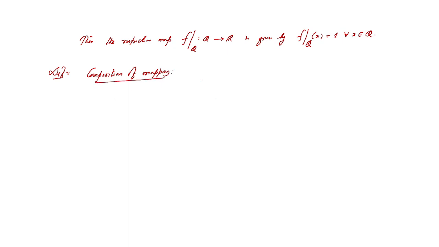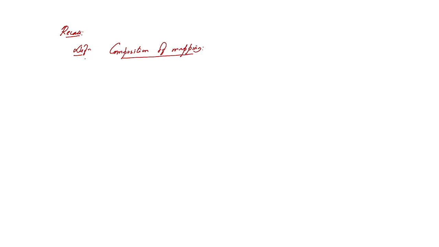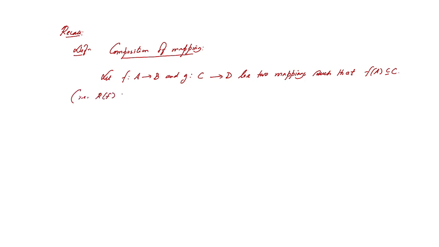The definition is: let f be a map from A to B and g a mapping from C to D, two mappings, such that f(A) is a subset of C. That means the range of f is a subset of the domain of g. Then the composition of maps.